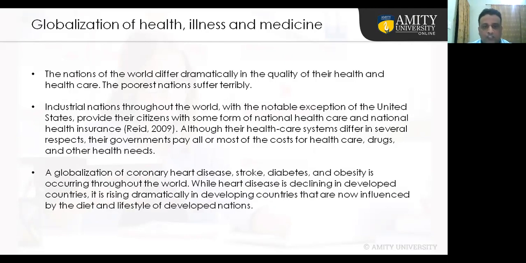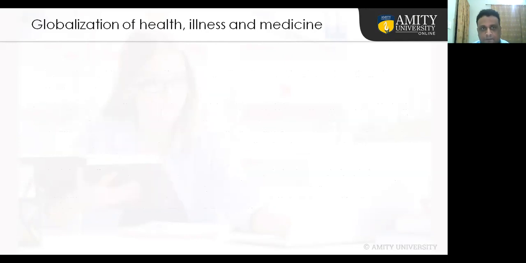A globalization of coronary heart disease, stroke, diabetes, and obesity is occurring throughout the world. The recent pandemic of coronavirus is also included in this line. While heart disease is declining in developed countries, it is rising dramatically in developing countries that are now influenced by the diet and lifestyle of developed nations.